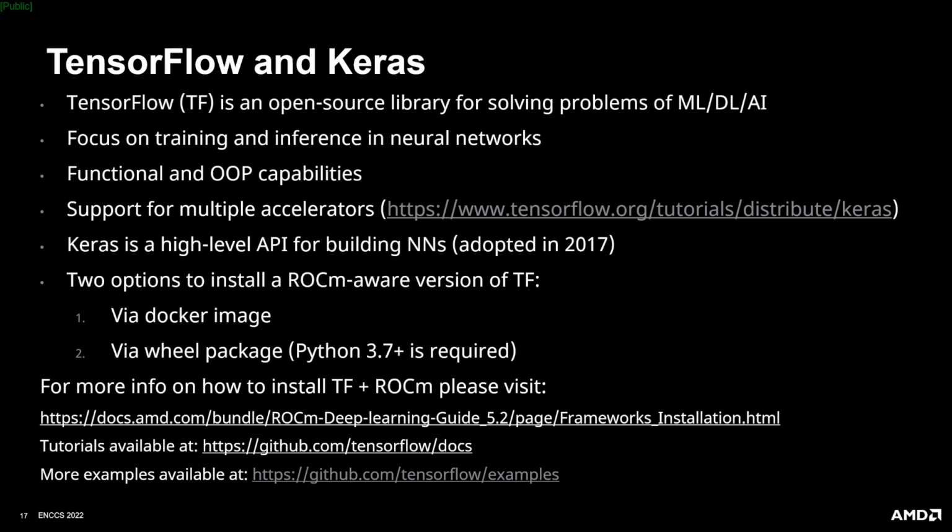It allows users to write their code in either the functional style or a more object-oriented style. You will see what I mean by this when I show you the code of PyTorch, which is more object-oriented in terms of Python approach.